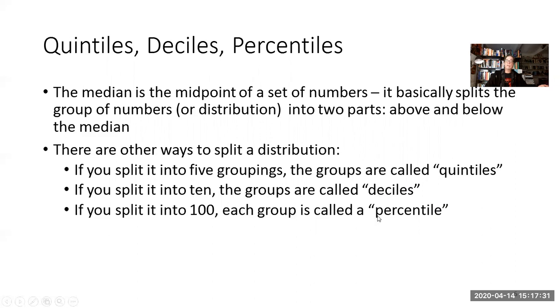You've probably heard of percentiles a lot relative to standardized tests. If your score on a standardized test is at the 84th percentile, that means 84% of the people who took that exam had a lower score than you. 16% had your score or higher.